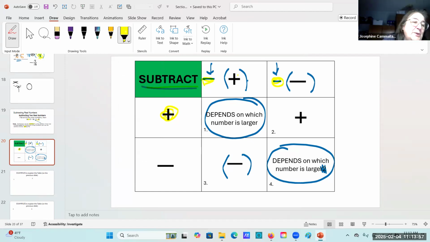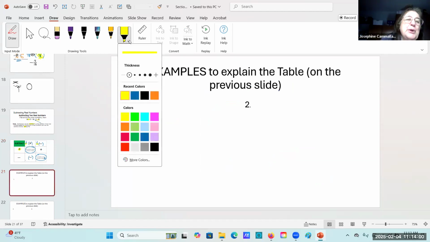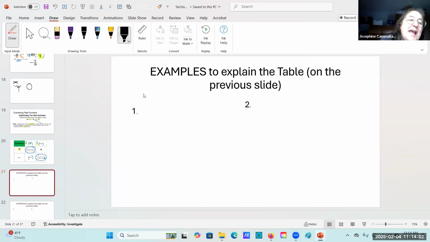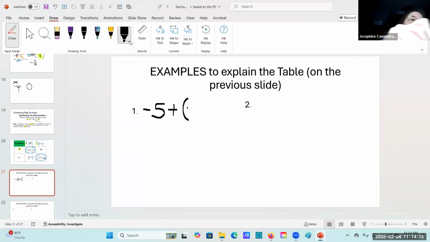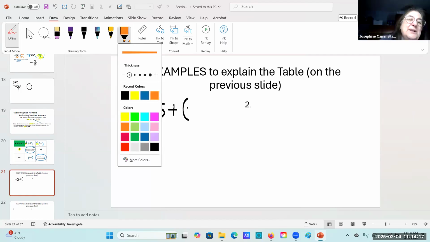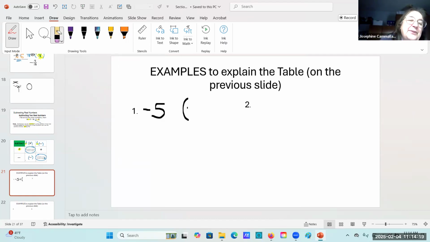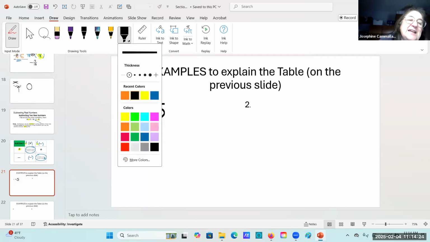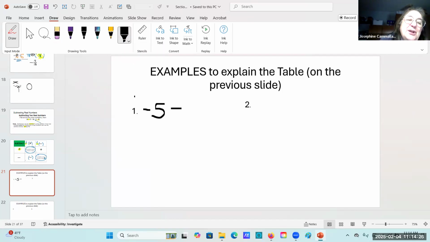Now, let me show you what I mean. You have a -5 and you are going to add a, let's see here, and let me go back here. You have this sign with 3.